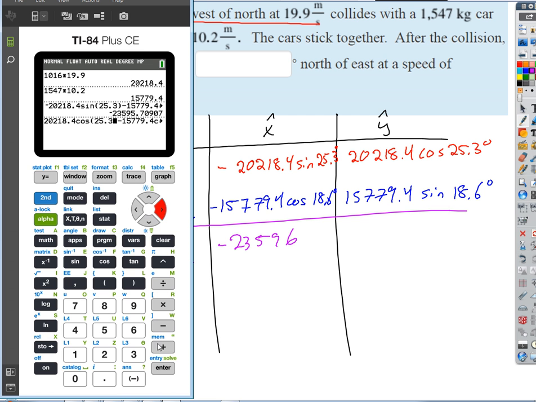Got to make that a plus. Got to make that a sine. And there it is. Wow, those were really close. That's weird. So it's the 23,312 number, right?